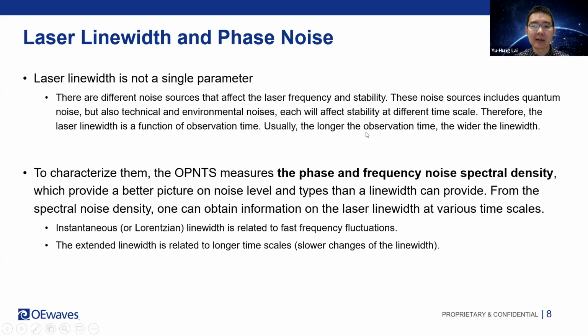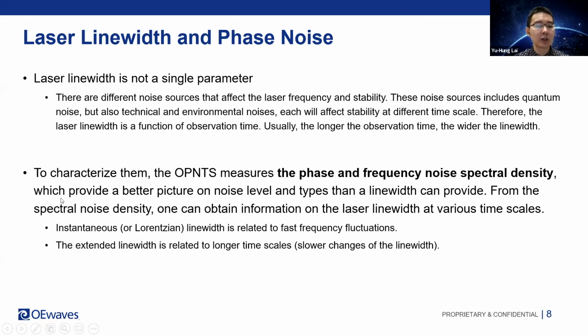Usually, the longer the observation time, the wider the linewidth. So to characterize them, the OE4000 measures the phase and frequency noise spectral density, which provides a better picture of noise level and types than a linewidth can provide. From the spectral noise density, one can obtain information on the laser linewidth at various time scales.